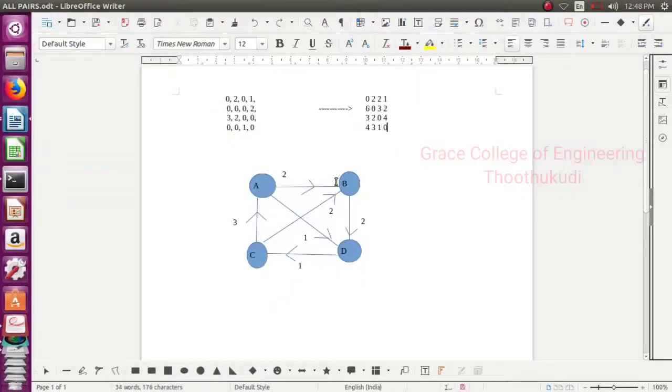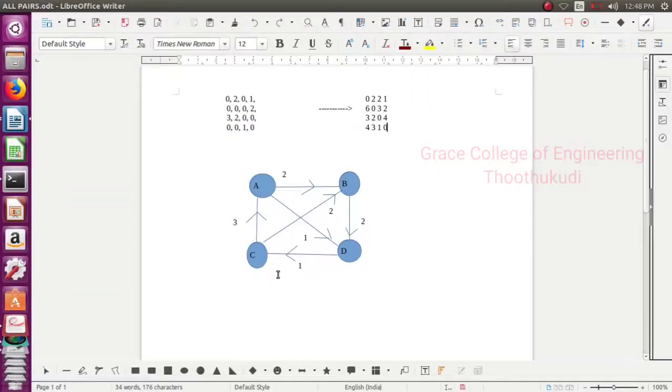Start at A. From A to B, the shortest distance is 2. There is no other choice for the shortest distance from A to B. The next one, from A to C: there is no direct path.